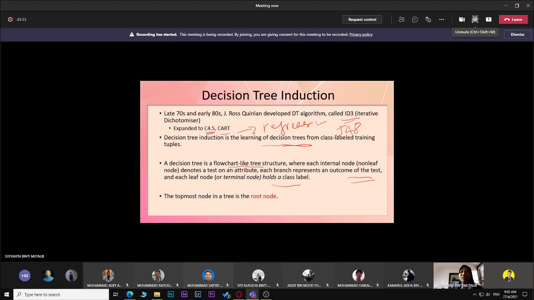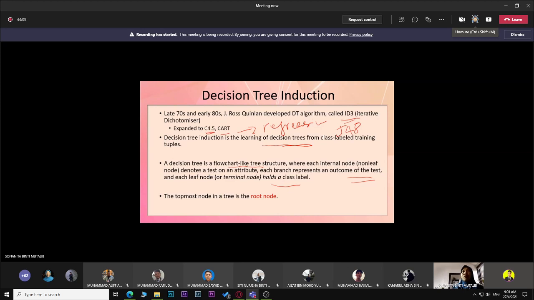It starts from the root node, and you will have intermediate nodes, and these nodes are the independent attributes, or what we call the input. And it has branches. The branches represent the values of the attributes. Each node will be a different attribute.